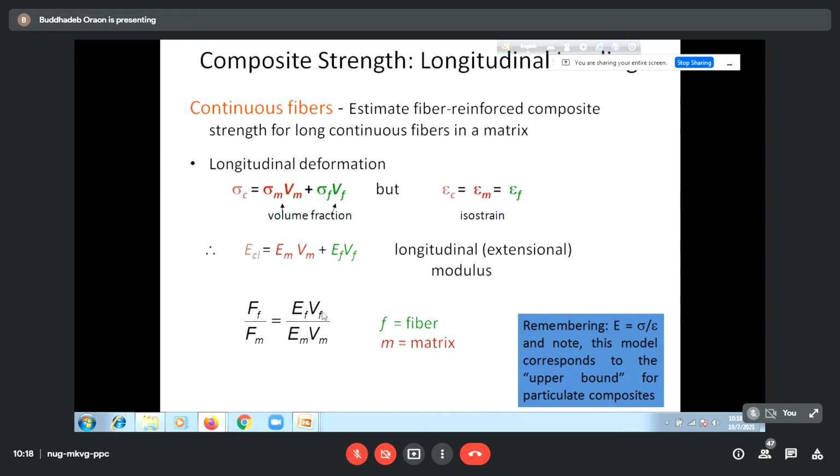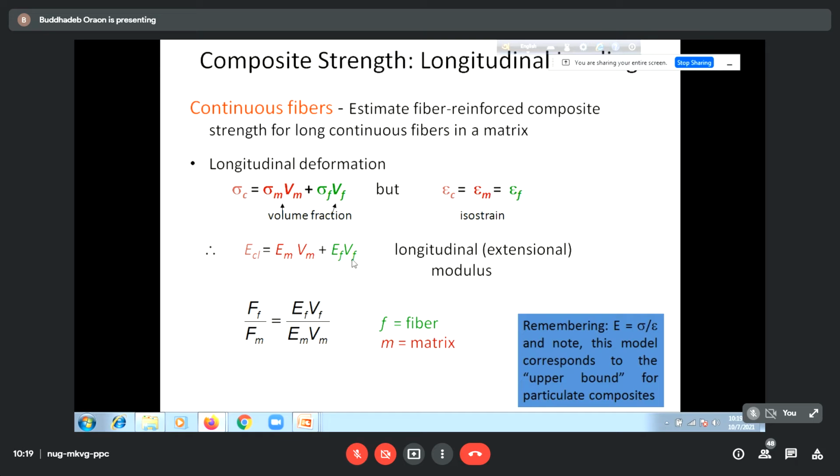Next comes another one, F, the force developed in the fiber divided by the force in the matrix equals EF into VF divided by EM into VM. This also you can derive yourself once you consider this isostrain case and just replace the strain by stress and all that. So you will get this expression.